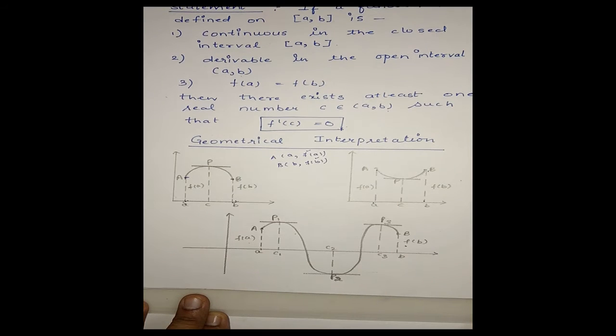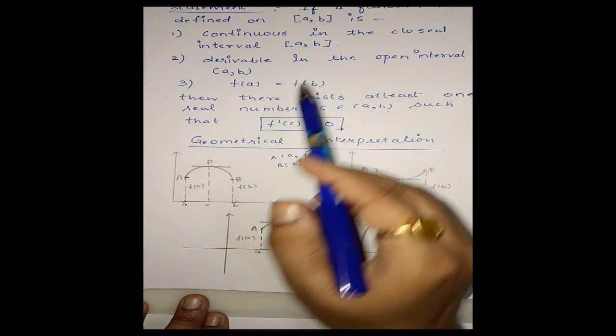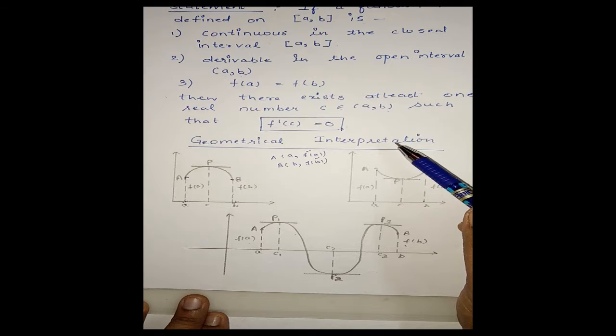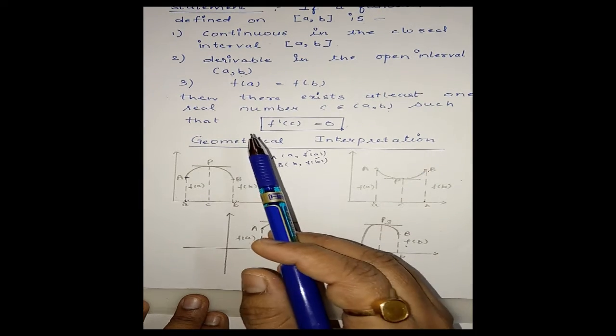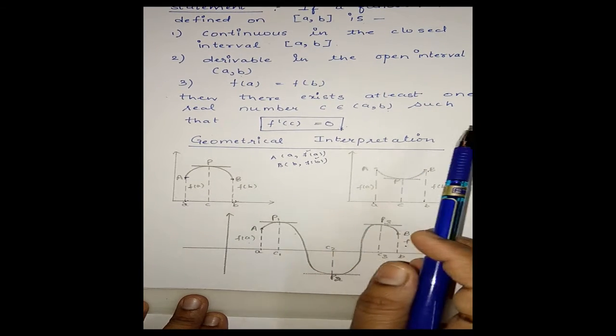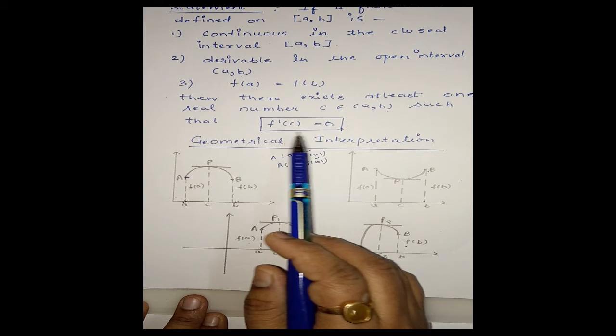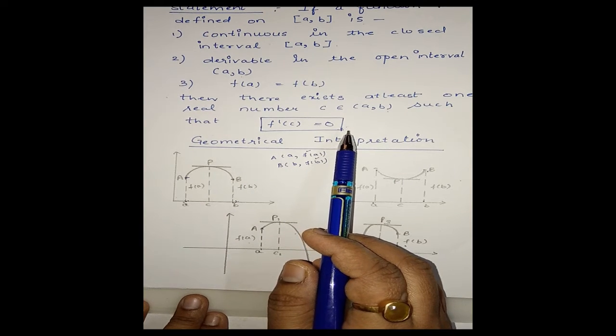This is the third condition. Now, if all these three conditions are satisfied, then there exists at least one real number c in the open interval at which the derivative is 0. This is the conclusion of Rolle's theorem.